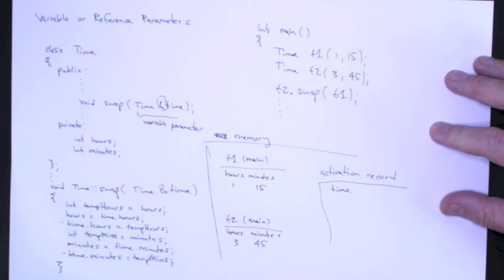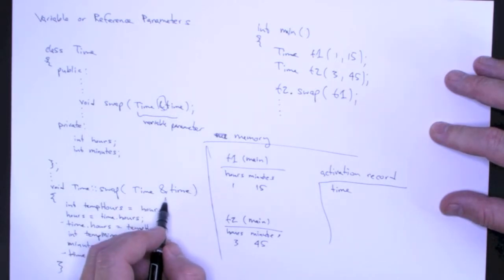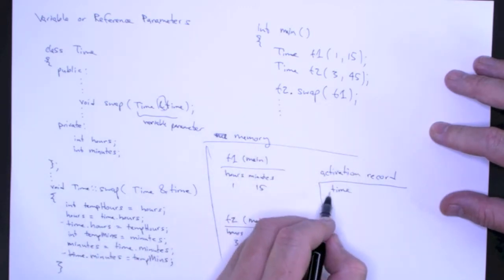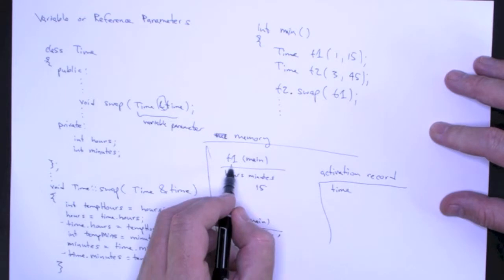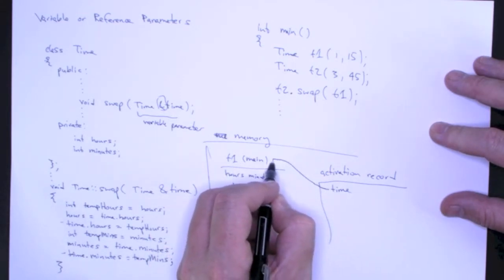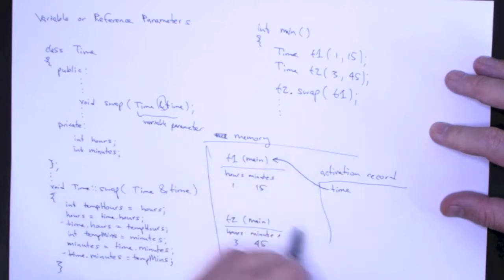Okay? Well, because this is a reference parameter, within this method, time is just another name for T1. So really what I'm doing here is time is T1. All right?